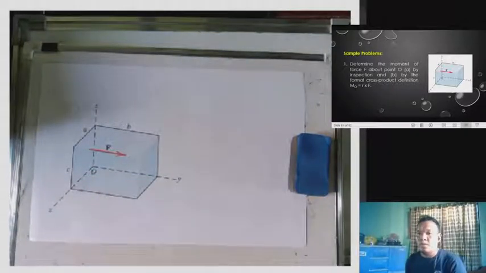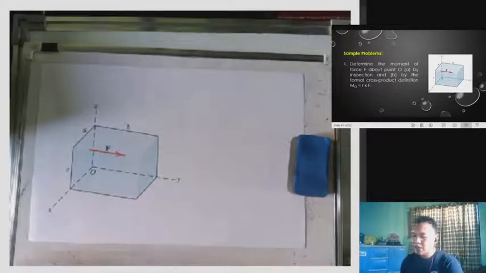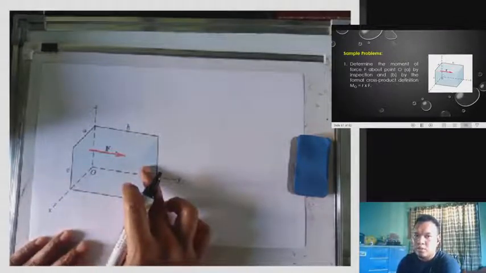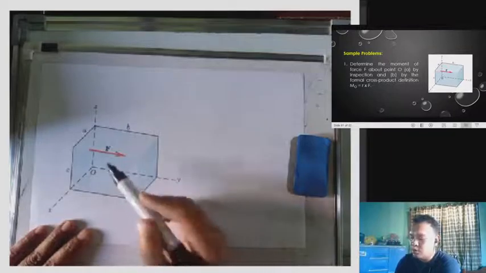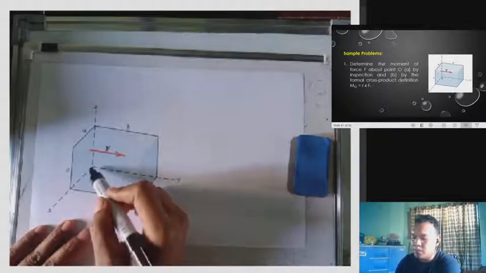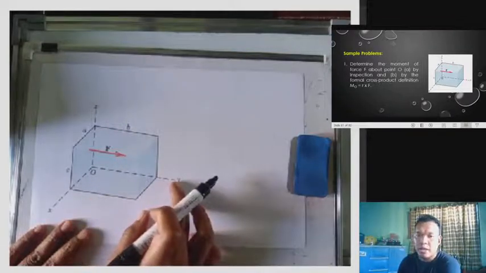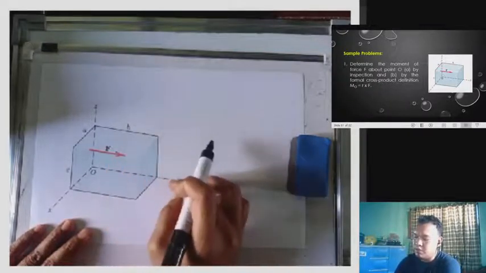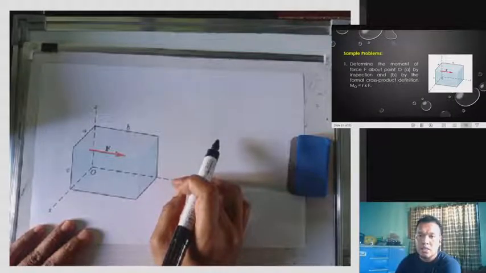So, ibig sabihin, kung i-inspect natin yung force, yung force na to ay papupuntahin dun sa point O, ibig sabihin, hindi na siya mag-moment dun sa y-axis kasi nga, parallel po yung force F dun sa y-axis natin.